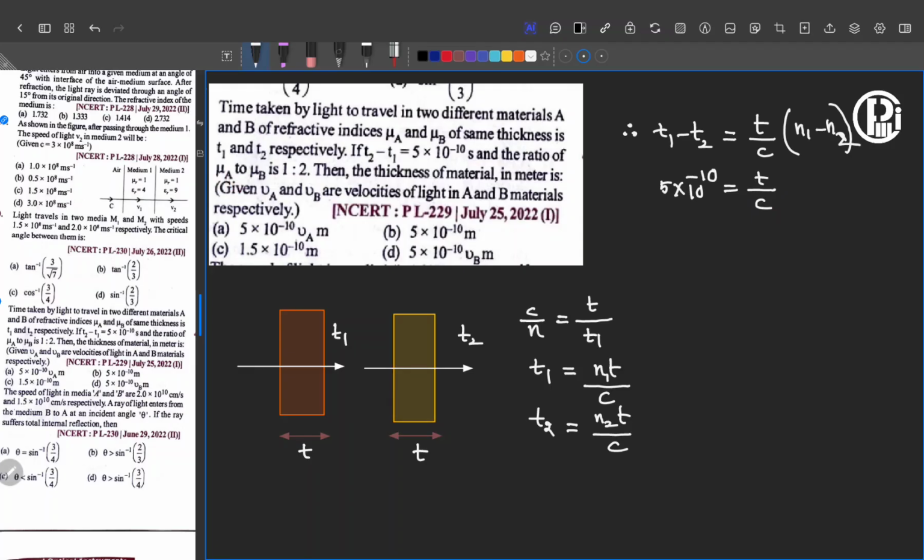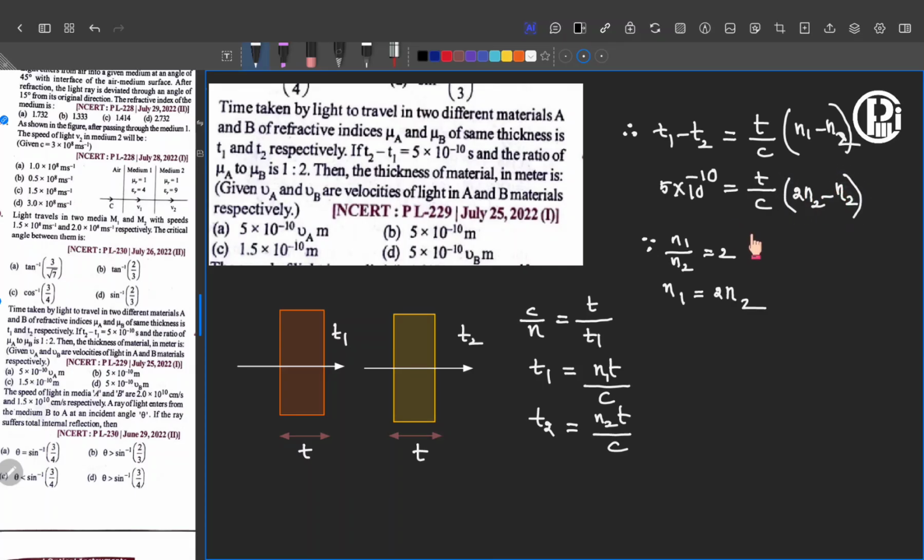Mu A to mu B. Since n1 by n2 equal to 2, therefore n1 equal to 2 into n2. Therefore it's nothing but 2 n2 minus n2.